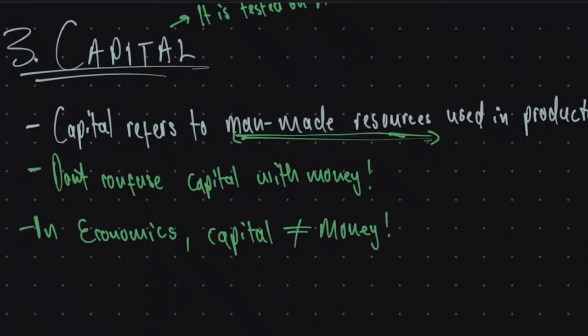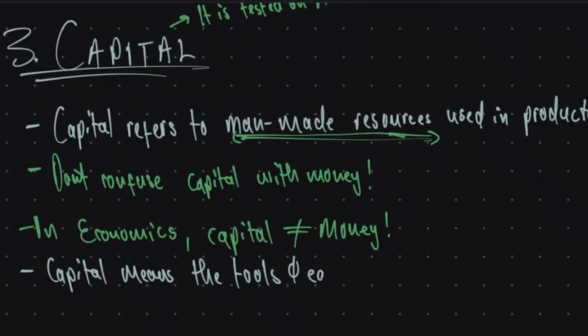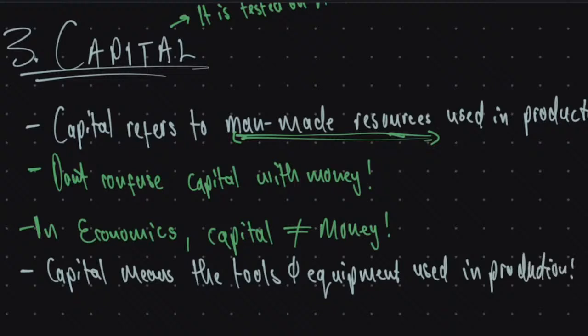Capital is not equal to money. Capital means the tools and equipment, the man-made resources used in production. The tools and equipment used in production. Are we together?